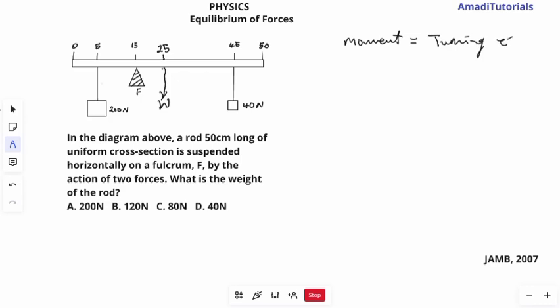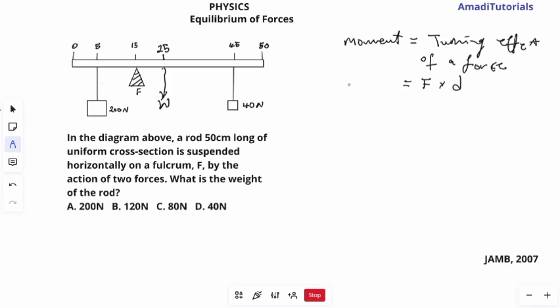Mathematically, the definition of moment is force F times the perpendicular distance from the line of action.